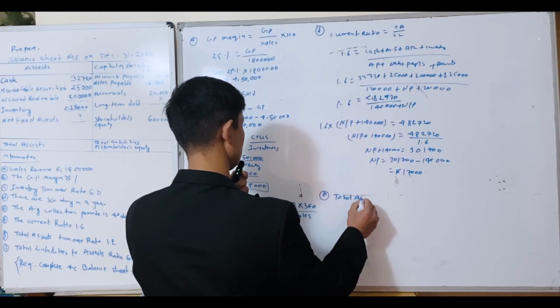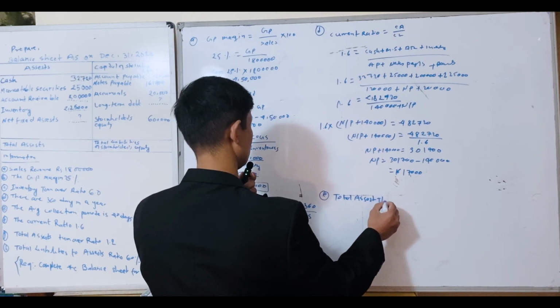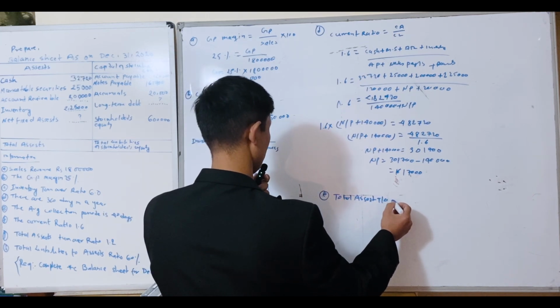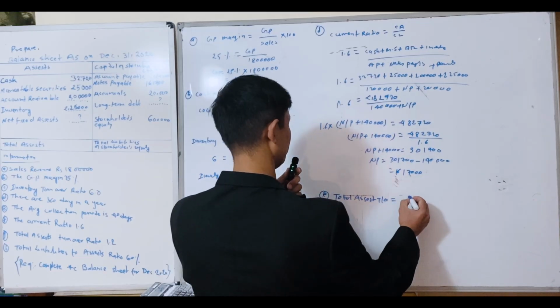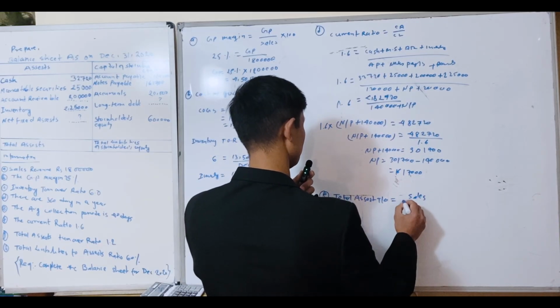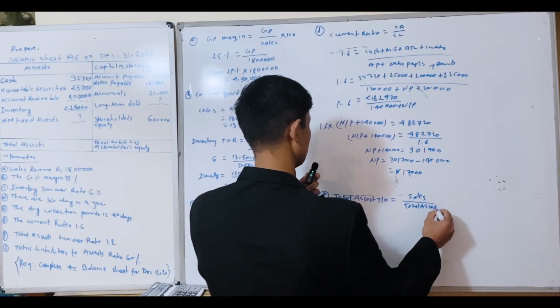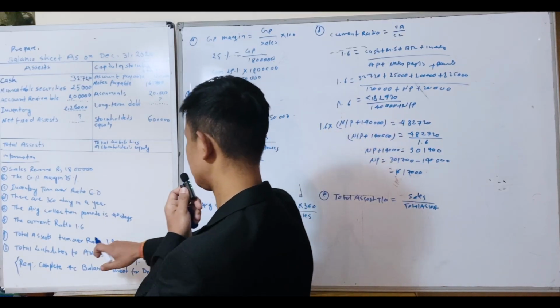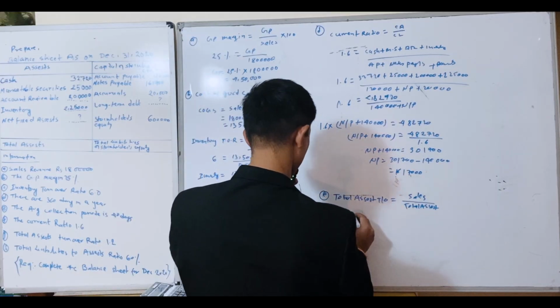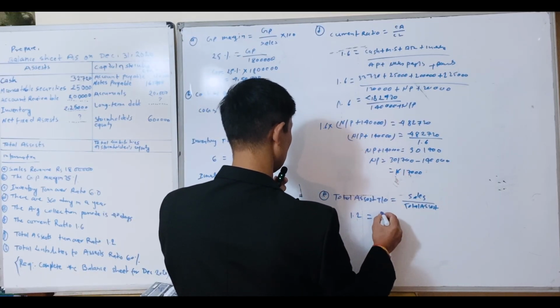Total assets turnover ratio. What's the formula for this? Sales divided by total assets. We are given the total assets turnover ratio is 1.2 and sales we know 18 lakh.